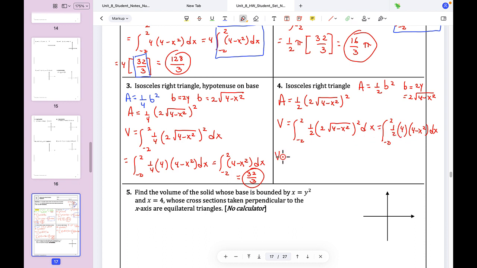I'm going to bring that 2 in front. And we get the integral from negative 2 to 2 of 4 minus x squared dx. We figured that out already, so we don't have to do the math again. So that's going to be 2 times 32 over 3, which is 64 over 3.